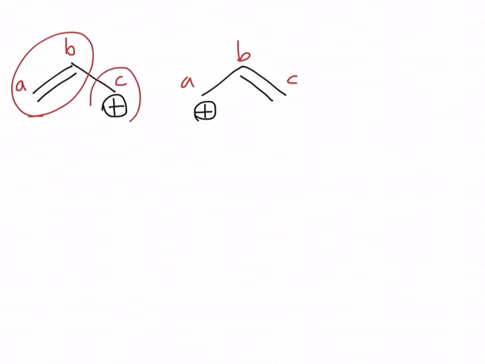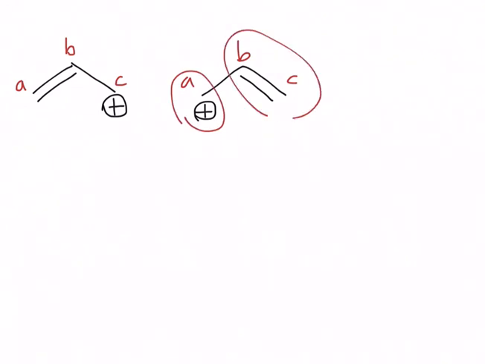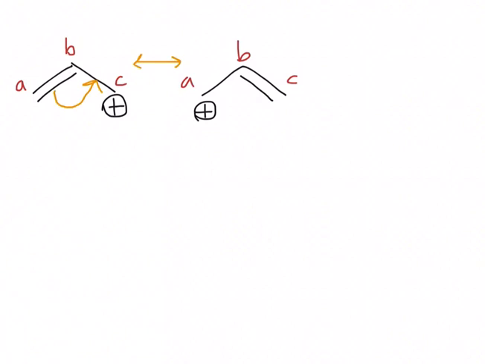If I label the carbons as A, B, and C, in the first form, the pi bond is between A and B, and the positive charge is on C. In the second Lewis structure, the positive charge is on A, and the pi bond is between B and C. As you can see again, these two forms interconvert to each other by movement of pi electrons.